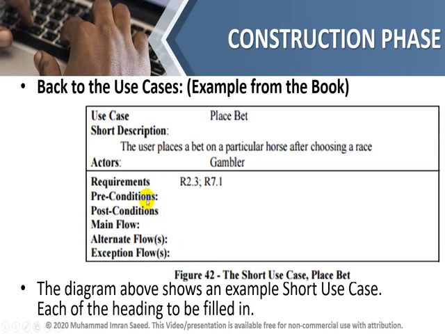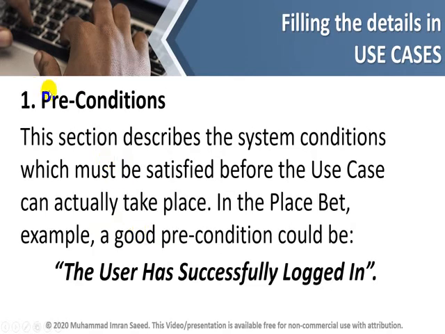So let's study the precondition, post-condition, and everything. So here, the precondition. Pre mean before, right? So this section describes the system condition which must be satisfied before the use case can actually take place. So it means that if I am going to do something and I'll have to log in into the system, for example, a banking system.